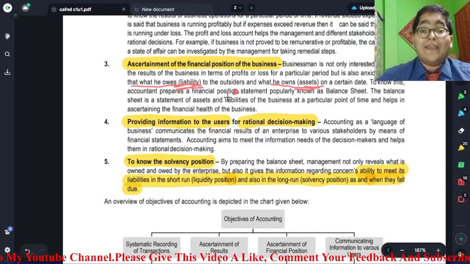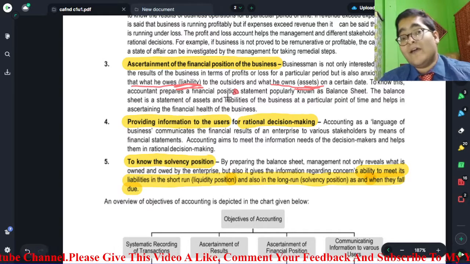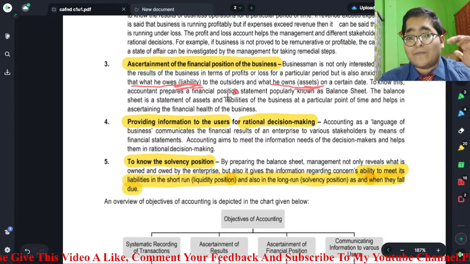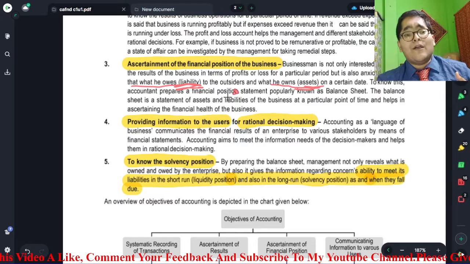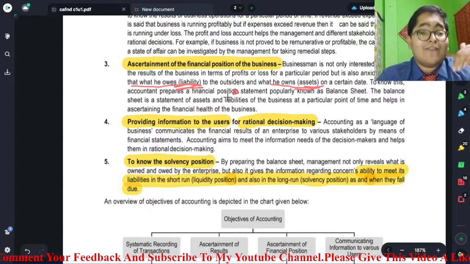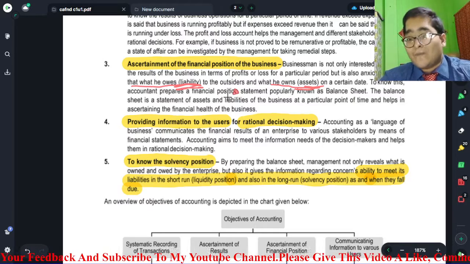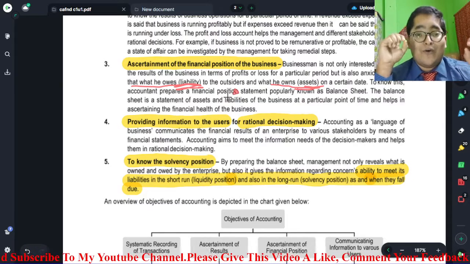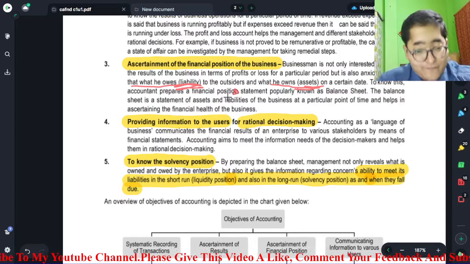He will be accused of fraud, of not paying the debts. So his good reputation would go down, or he will have a bad reputation. So the businessman should know about his assets and liabilities.